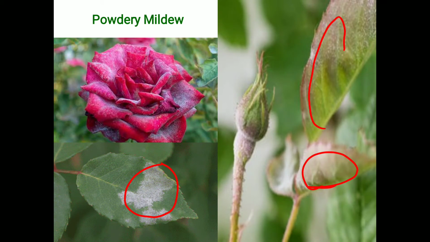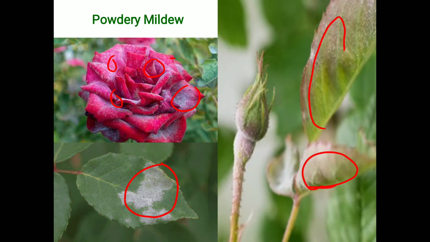The lesions on the leaves may appear more or less discolored and may become necrotic. The next symptom is whitish patches on the leaves and on the flowers. Mostly the white patches of fungal growth appear on the young growing shoots, and they may coalesce and cover the entire portion of the growing shoots.